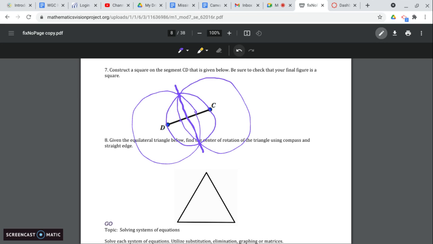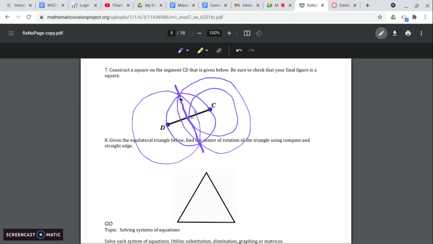So we have that. Now we're going to draw a circle about C that has a radius to the midpoint. So it's going to go right, oops, wonky, right like so, kind of, sort of.